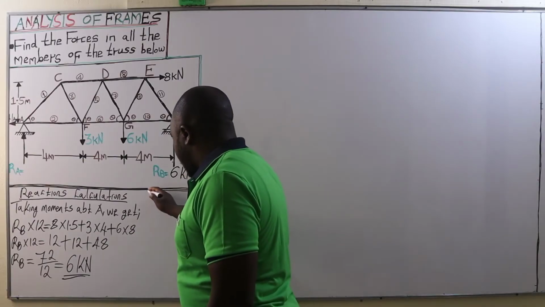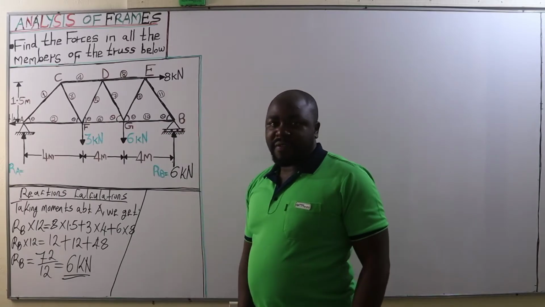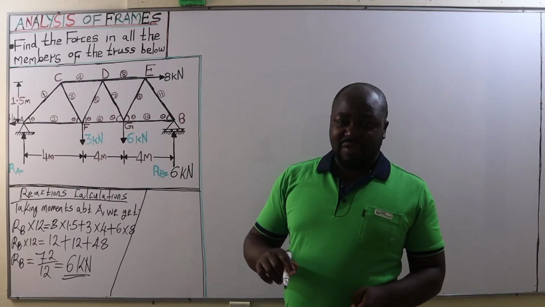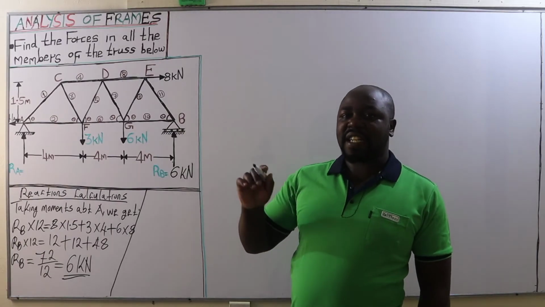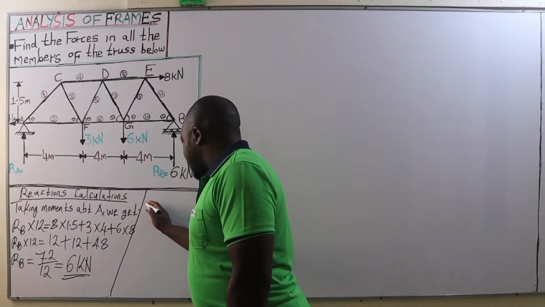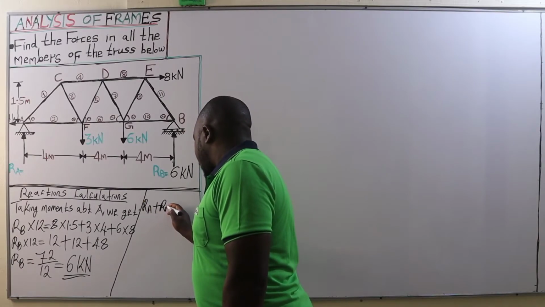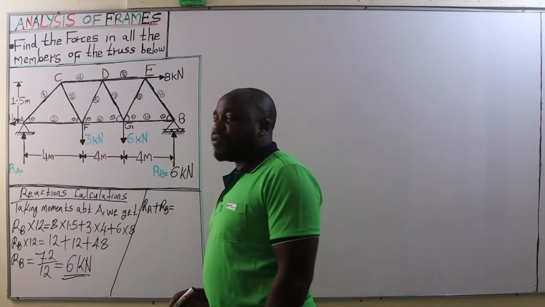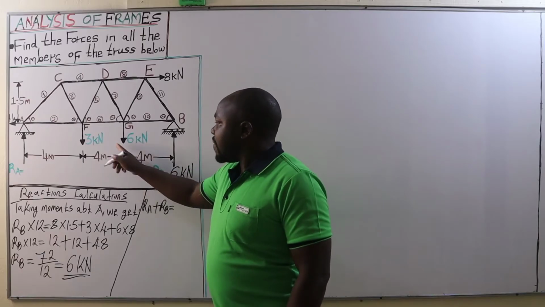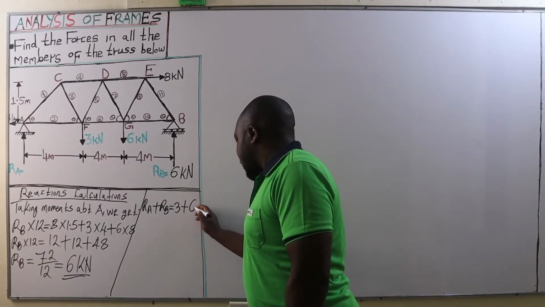To get the reaction at A, we say that the sum of all the upward forces is equal to the sum of all the downward acting forces. We have RA plus RB equal to the sum of the downward forces. We only have these two downward forces, 3 plus 6.